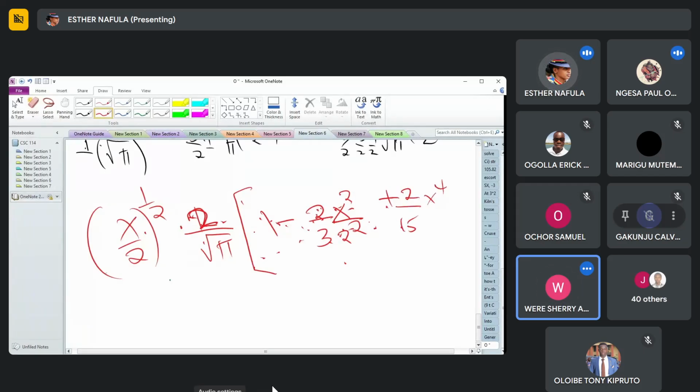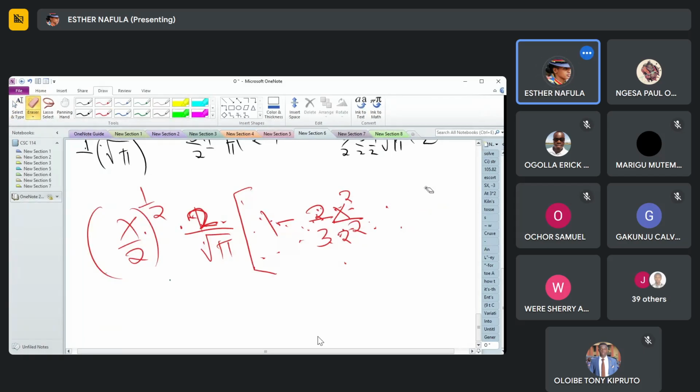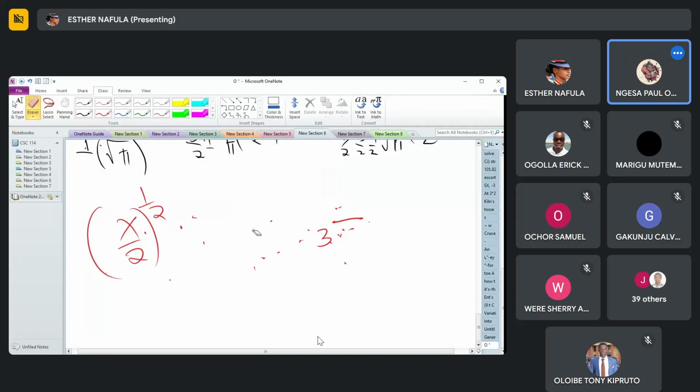I don't want that over 2 power something again. Simplify everything. You cannot have 2 denominators. They're not giving me the right answer. That's why x power 4 over 6.